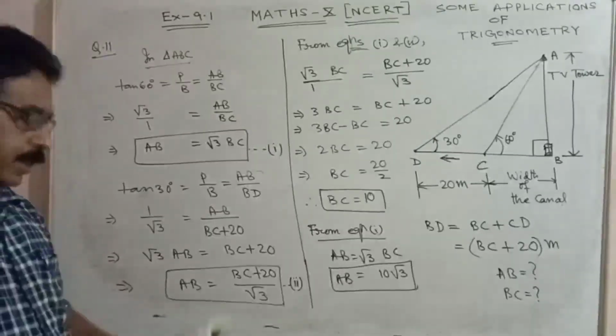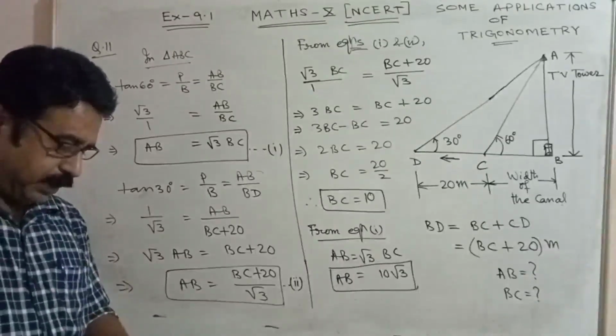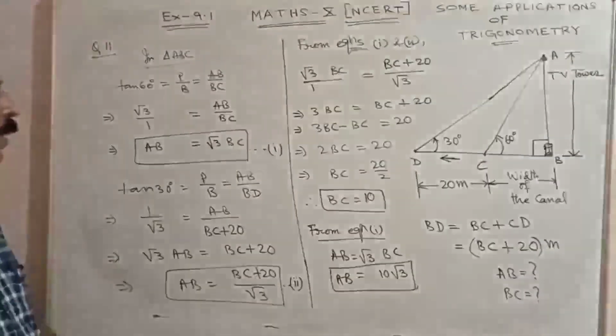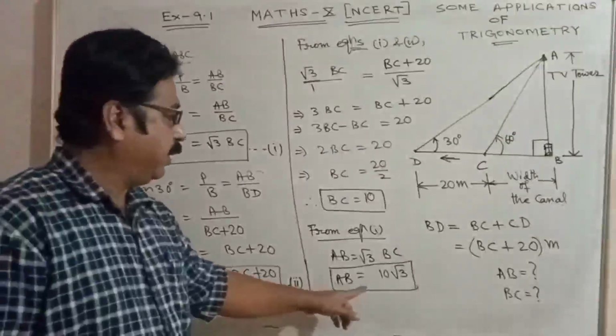Finally, we can write the answer in language. Find the height of the tower and the width of the canal. Height of the tower, AB we got this much.